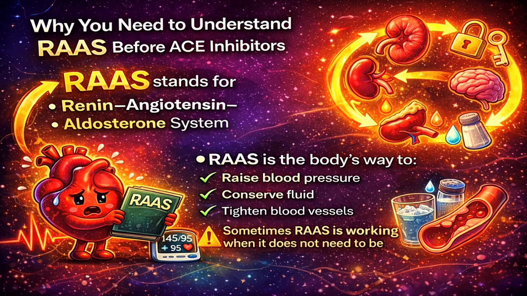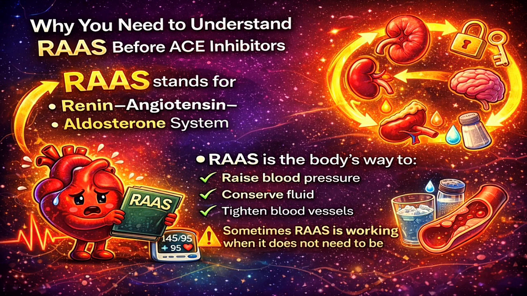In order to understand how ACE inhibitors work, you need to understand the RAS system, which you can find in one of my previous videos where it is explained in an easy-to-understand way. ACE inhibitors work by blocking something called angiotensin-converting enzyme, also known as ACE. Normally, ACE turns angiotensin 1 into angiotensin 2, and angiotensin 2 is a problem because it tightens blood vessels, raises blood pressure, tells the body to hold on to sodium and water.